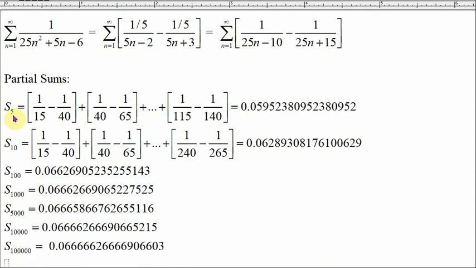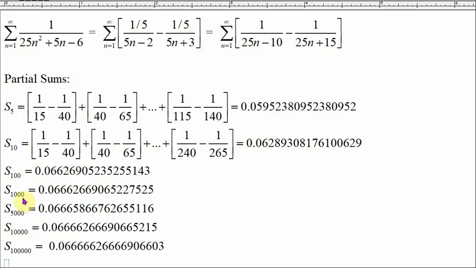The sum of the first 5 terms is 0.05595. The sum of the first 10 terms is 0.062893. The sum of the first 100 terms is 0.066269.